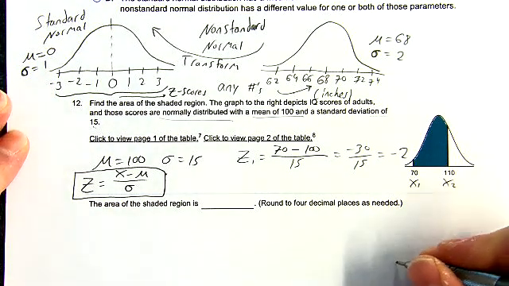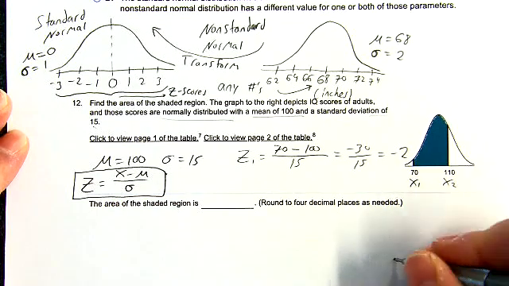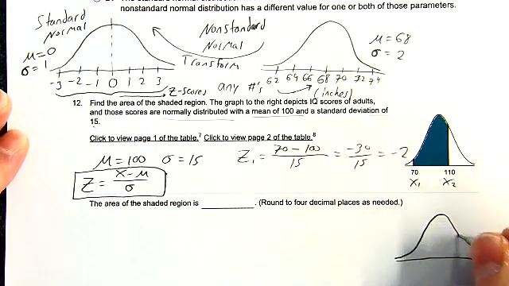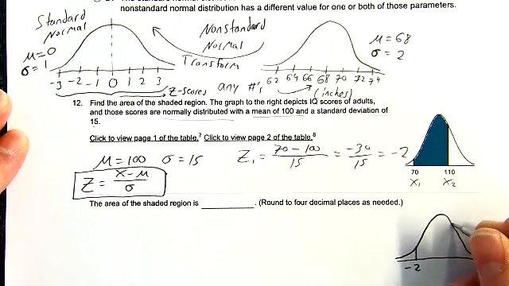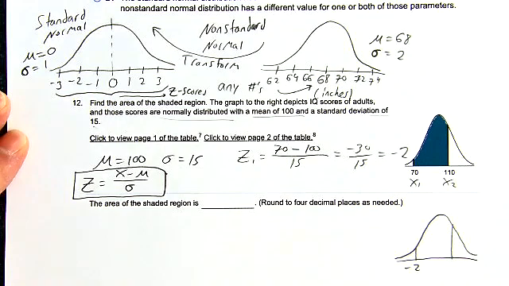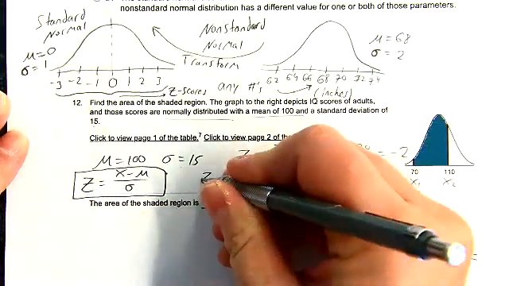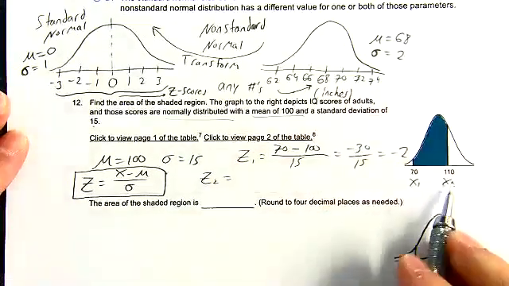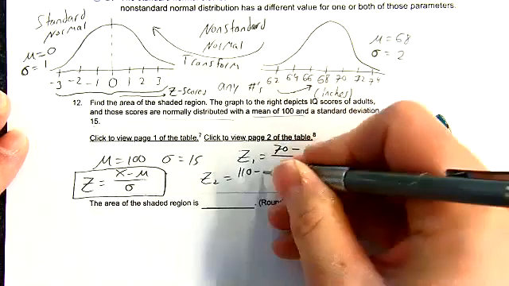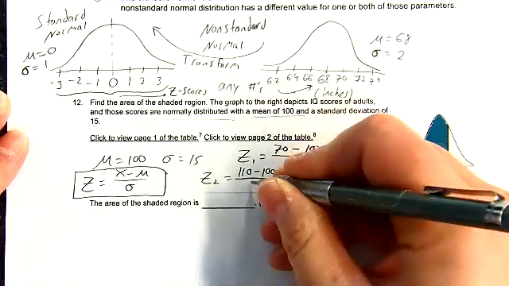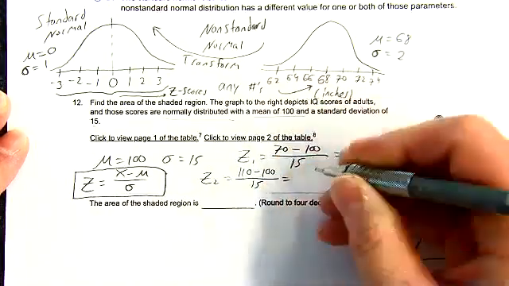So in our standard normal curve, we're going to actually look at this area as being minus 2 to whatever this other one is. So let's find this other one. Z2 would be x2, which is 110, minus mu, which is 100, all divided by sigma, which is 15.